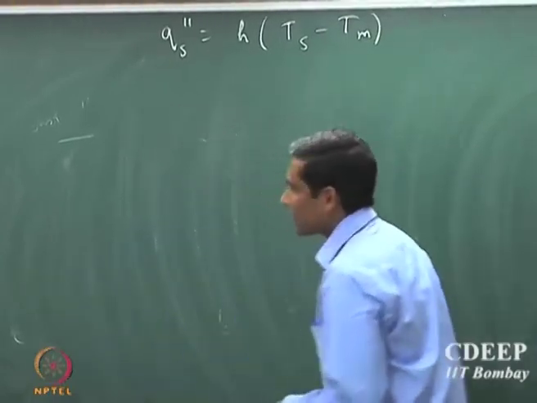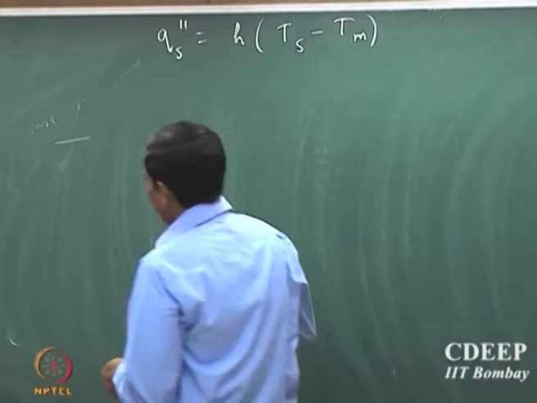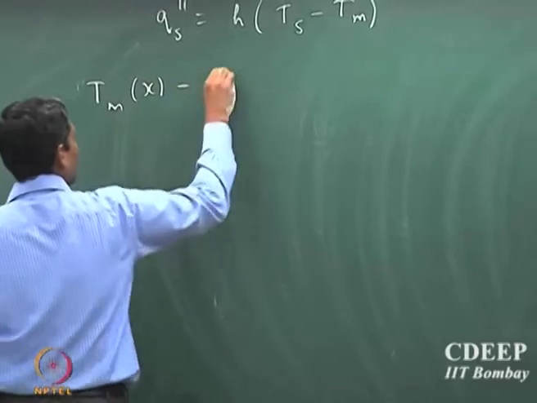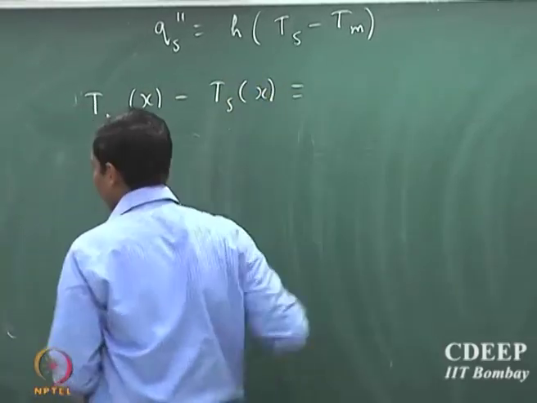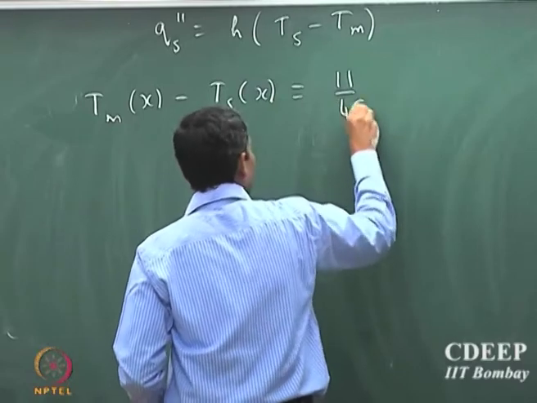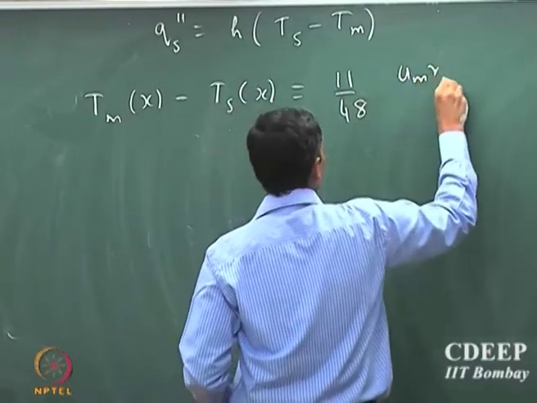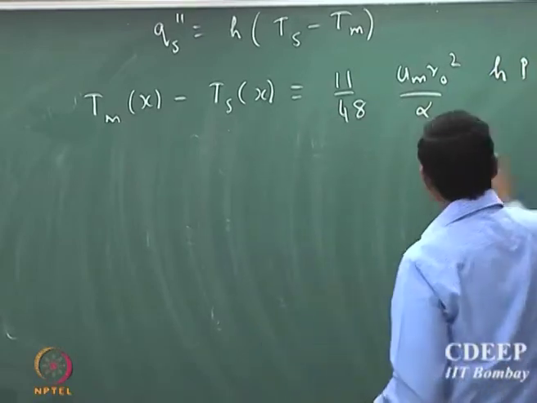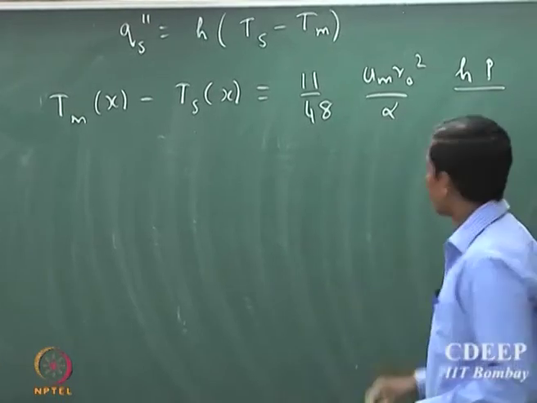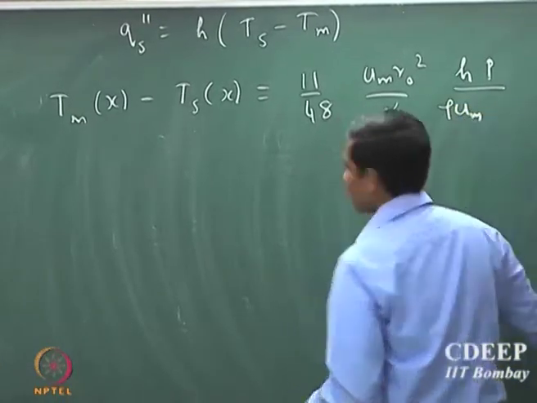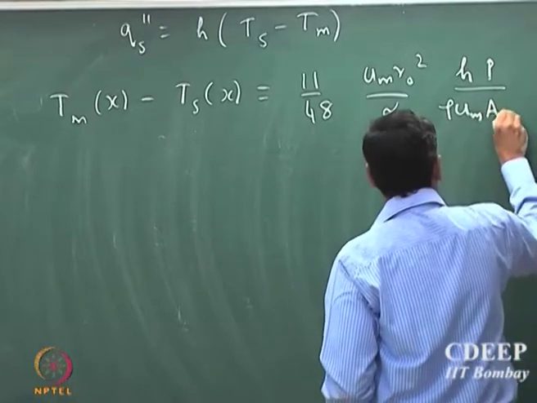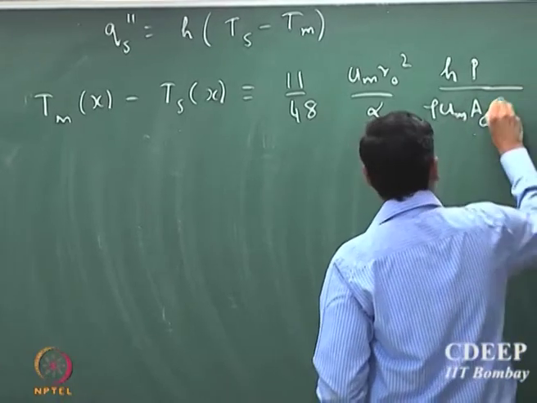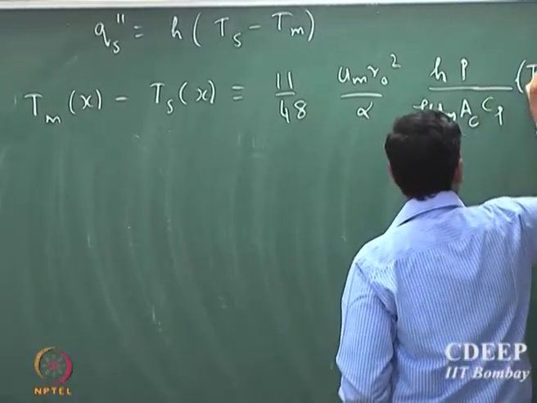So we can rewrite this as Tm x minus Ts, that's equal to 11 by 48 into r naught square by alpha into h into the perimeter divided by what is m dot? It's rho into the cross sectional area multiplied by Cp into Ts minus Tm.